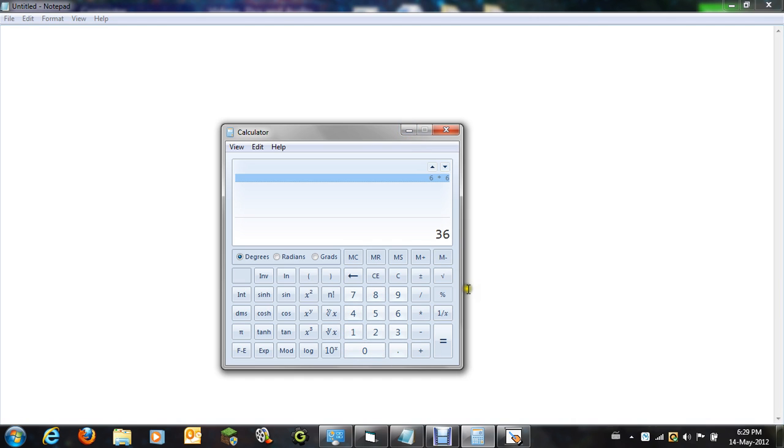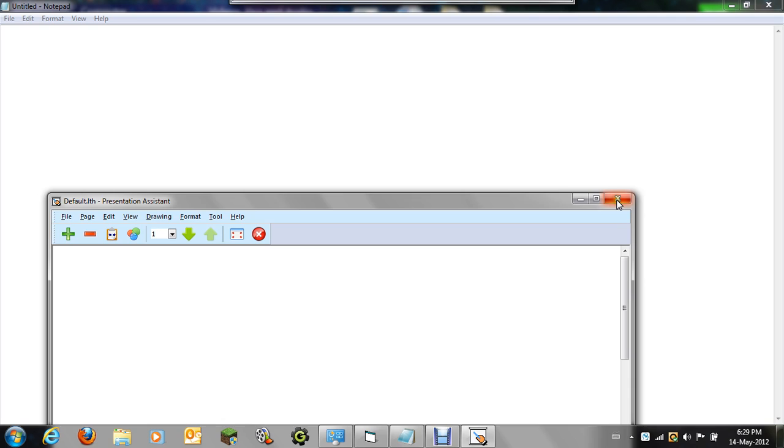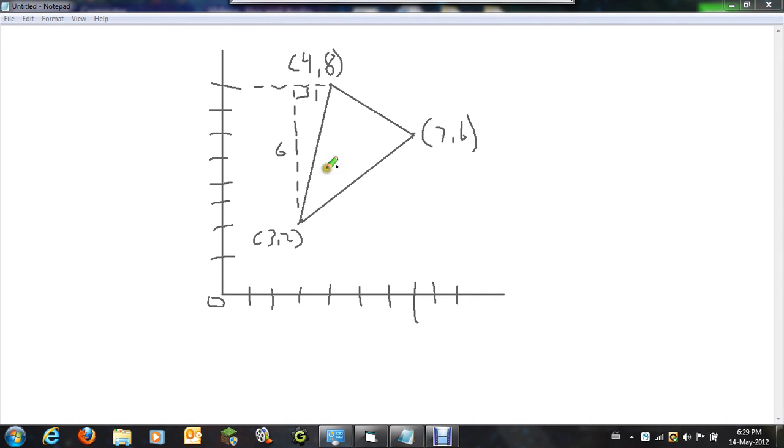So we know that this 6 times 6 is 36, 1 times 1 is 1, which means that the square of this is equal to 36. So we take the square root of that, and we find out that this is equal to 6.